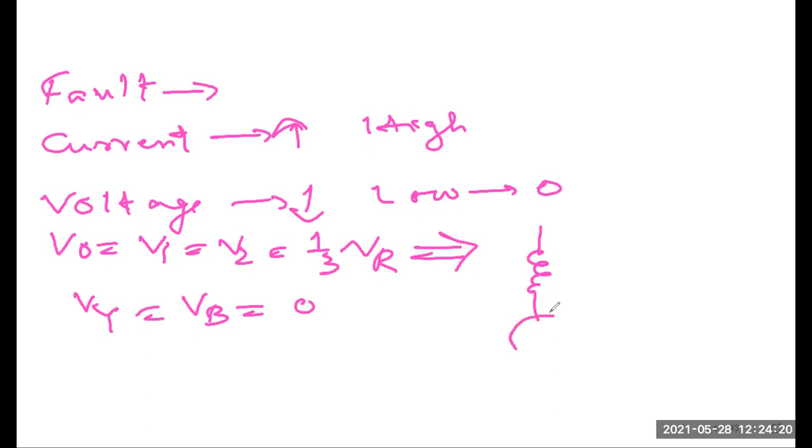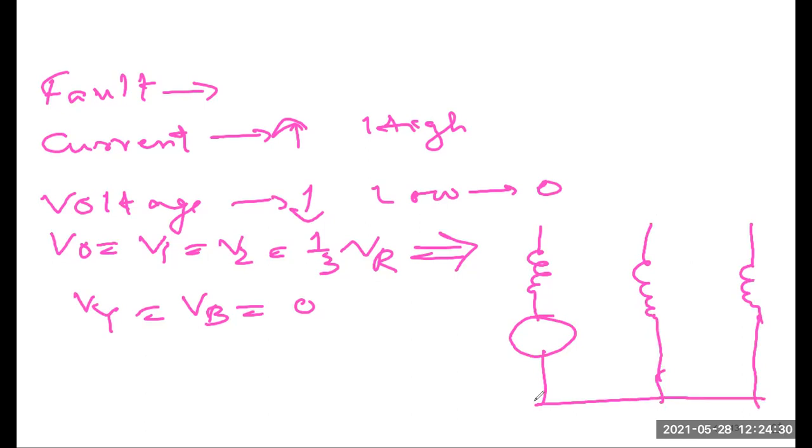So this is your positive sequence, this is your negative sequence, and this is your zero sequence. And you know the EMF will exist only in the positive sequence network. So this is your ER, this is X1, this is X2, and this is X0.